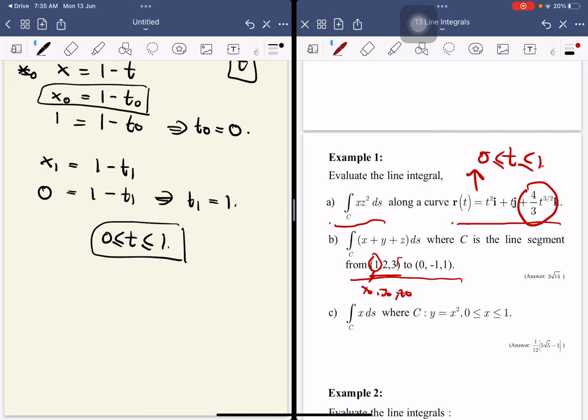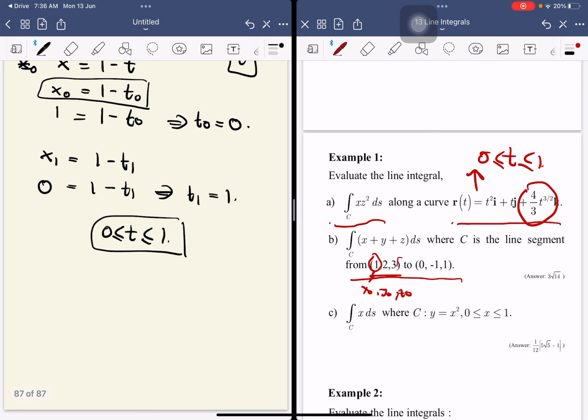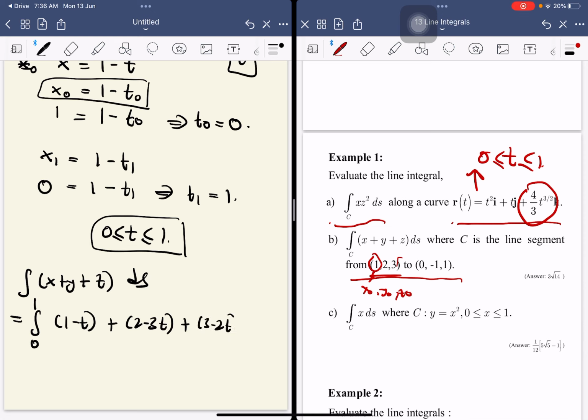So we got the limit for t, and we have the value of ds, and then we're going to solve the line integral. The question just now is the integral of x plus y plus z ds, right? So if we transform it, from 0 up to 1, our x just now is equal to 1 minus t, plus our y, which is 2 minus 3t, plus z, which is 3 minus 2t.